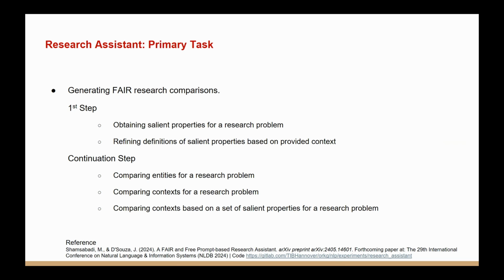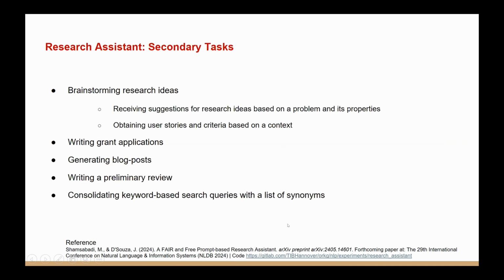In this case, definitions of properties or definitions of resources are also essential to be contained within the knowledge graph. Of course, after this first step, there are several continuation steps where entities are compared for a research problem, contexts are compared, and so on and so forth.